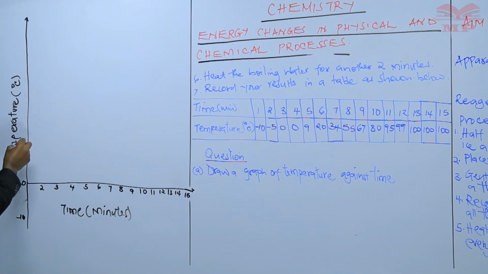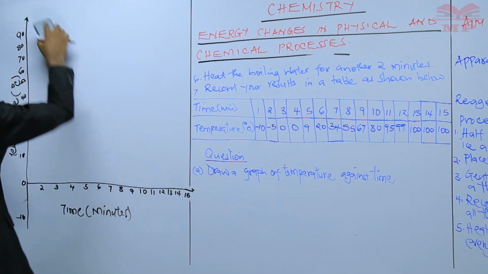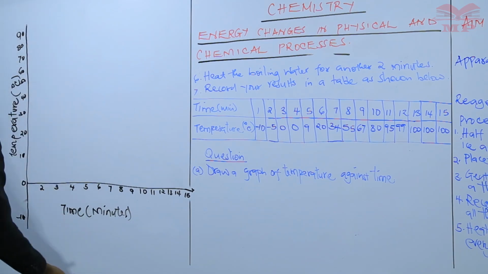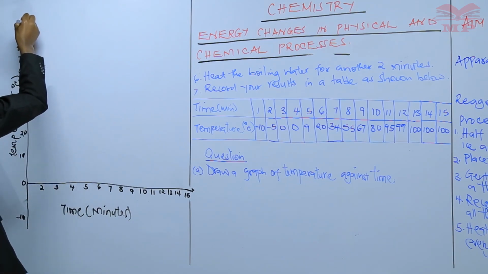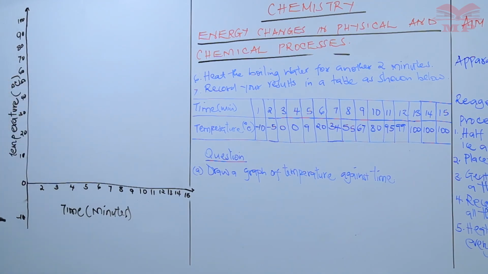Then we have 10, 20, 30, 40, 50, 60, 70, 80, 90. Then 100.